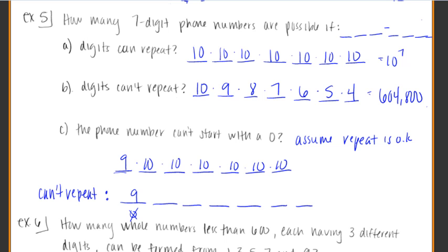Now, if we go to the next slot, I can now include 0, but whichever of 1 through 9 was used in that first slot is gone. Let's say the first slot was a 4. Then I can't include 4 in my second number, but now I can include 0. So I still have 9 options. I've used up a total of 2 numbers, so now I'm back to 8, 7, 6, 5, and then 4.